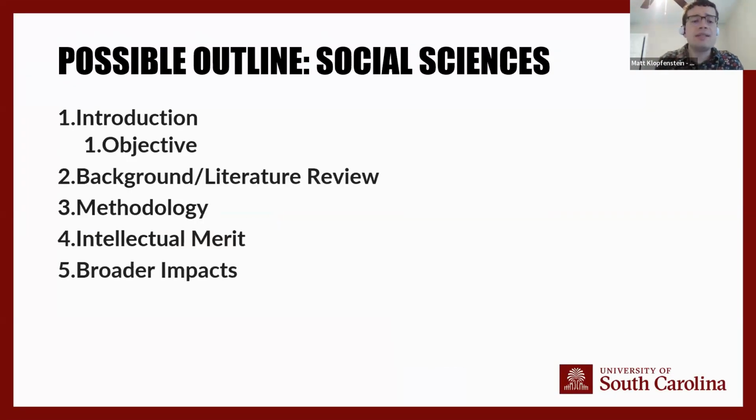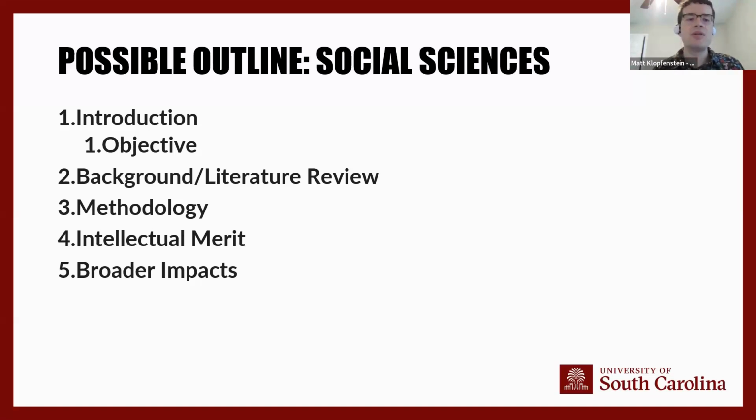For social sciences, again, that tends to look a little bit different as well. Oftentimes that's going to mean a little bit more background and description, because you may need to provide not just questions around issues in the literature, but oftentimes social science research is going to explore those questions within a particular context.